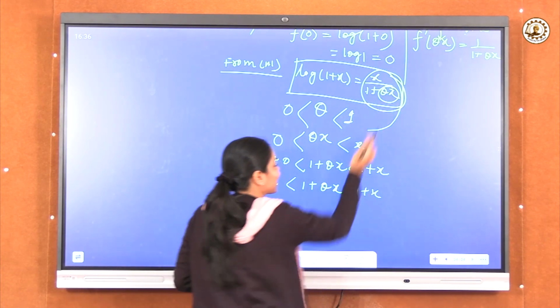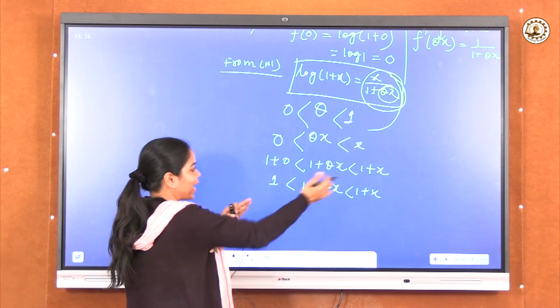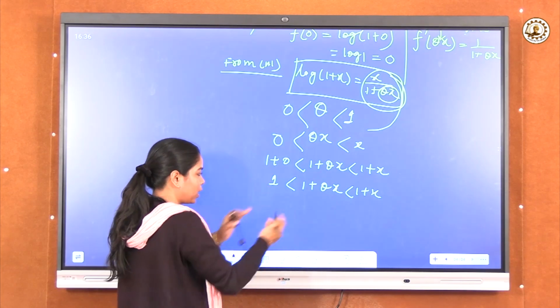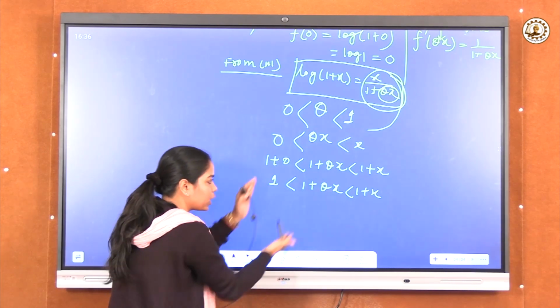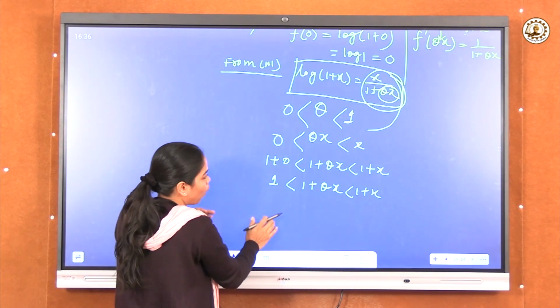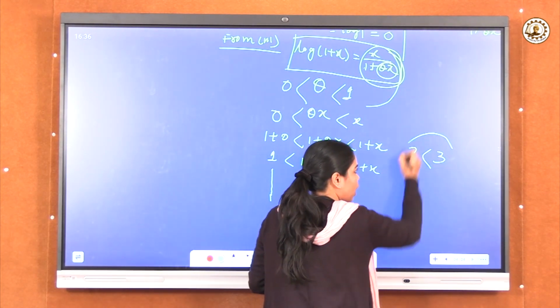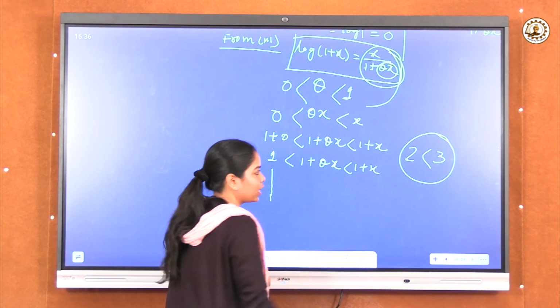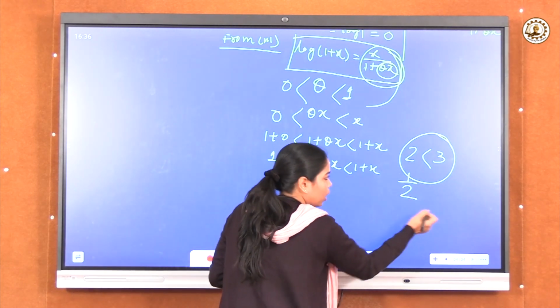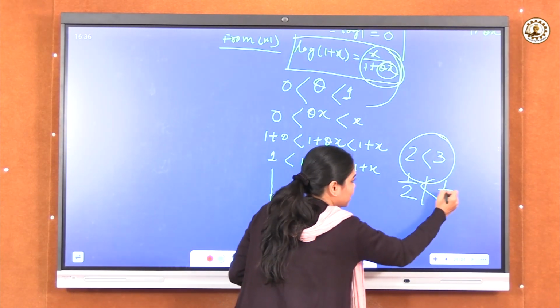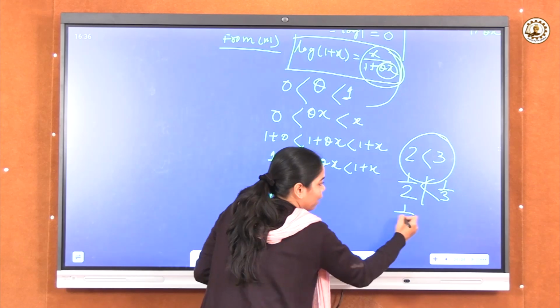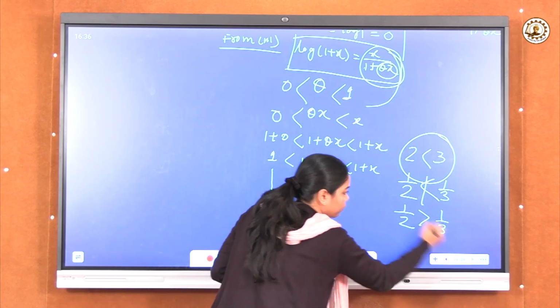Then 1 plus theta x is in the denominator. So we can take 1 by all of this, and if we take 1 by, then the inequality will be interchanged. Why? Because we know 2 is less than 3. But if we take 1 by 2, we cannot write 1 by 2 less than 1 by 3. Then we have to write 1 by 2 greater than 1 by 3.